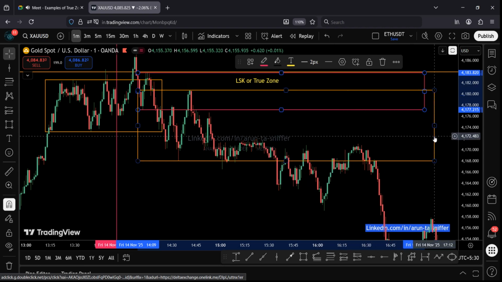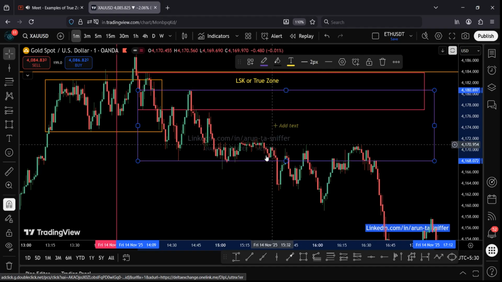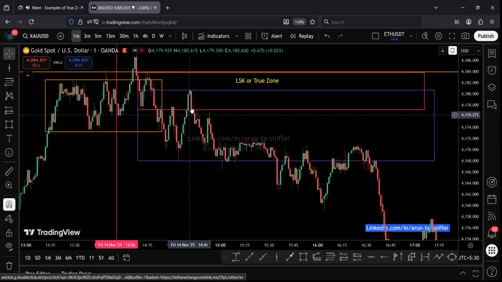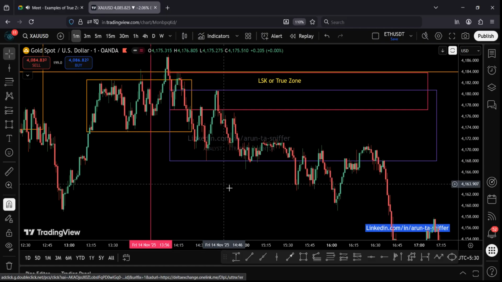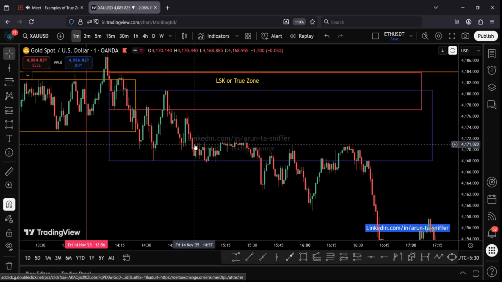Like this, and we will do it with color this one. Okay, now you can see clearly price goes up, hitting to the true zone, coming down, crossing this. So this one is also our RSFL, right?